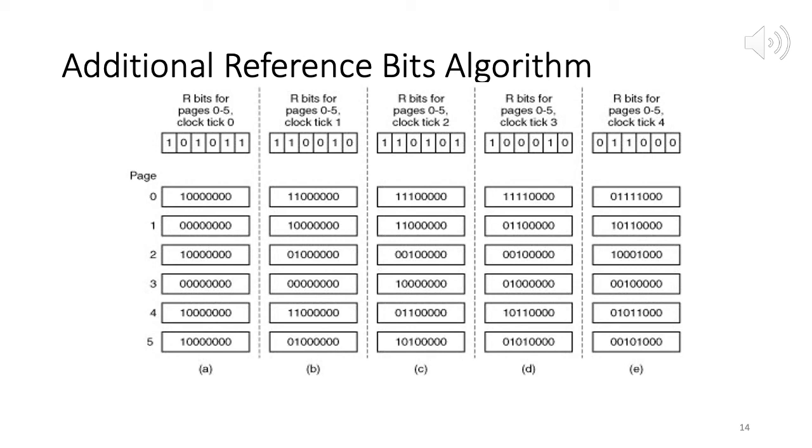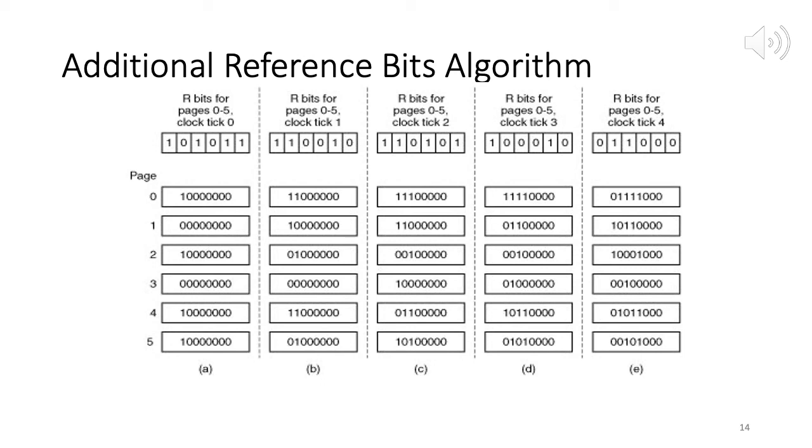Initially the values are 0 for all 6, and then we put appropriate values on the MSB. So 1 for page 0, 0 for page 1 and so on, going all the way to 6. So this is what it looks like. And now if we have to evict, which one do we choose? Two pages have not been used, 1 and 3, so we can pick any one.